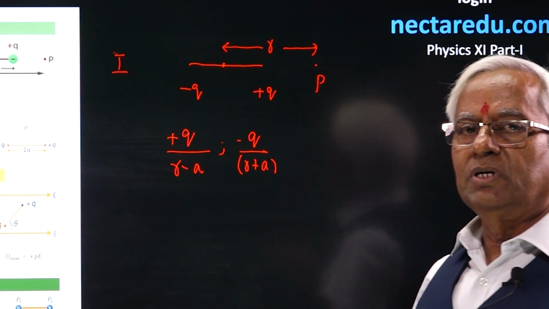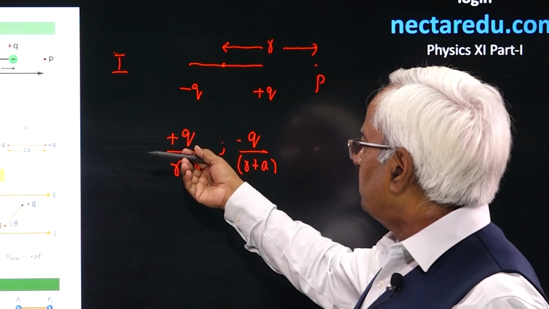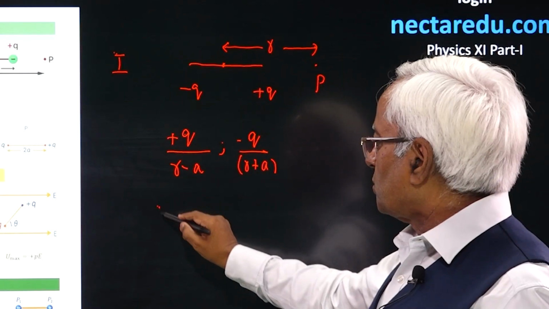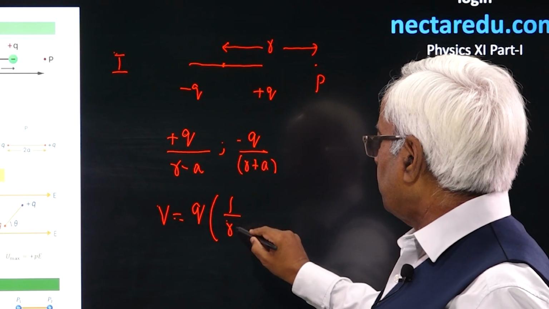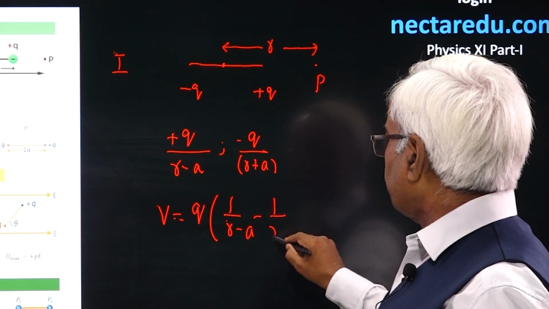To get the potential because of both charges, since both are opposite in nature, we sum up, take q common, and this will be 1 over r minus a, minus 1 over r plus a.